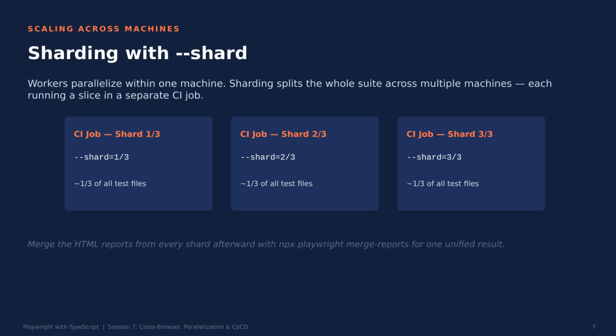Workers parallelize within one machine. Sharding is the next level up. It splits your entire suite across multiple separate machines, each one running its own slice, typically as a separate CI job.